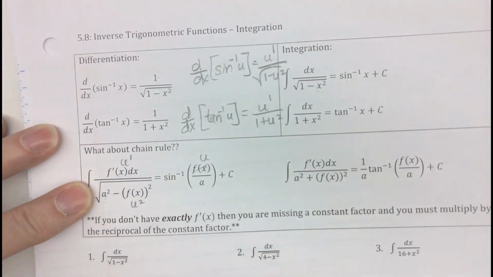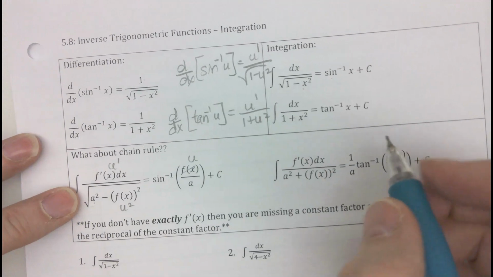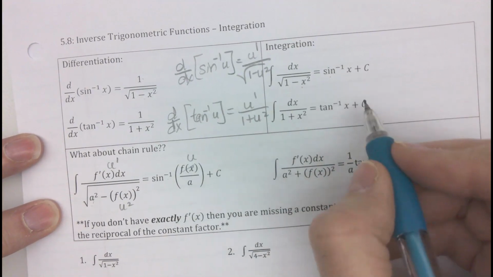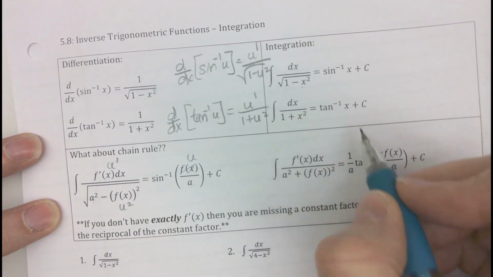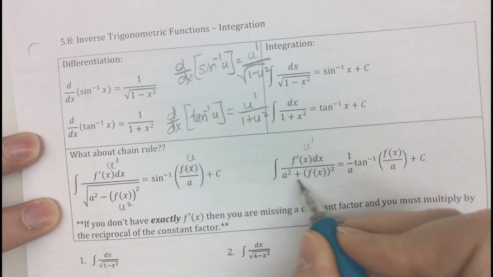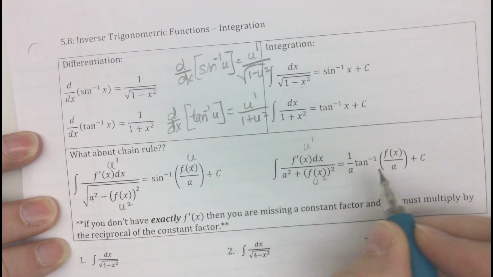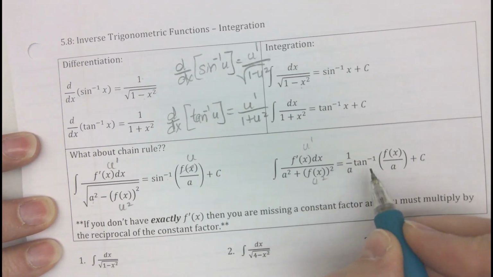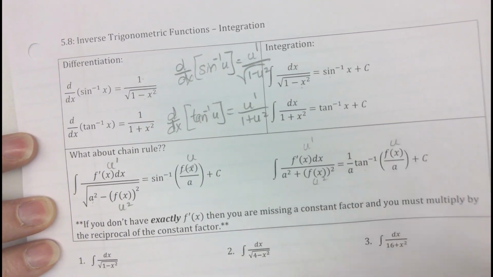But for tangent, it's a little different. The integral of du, or u prime, over a squared plus u squared would be 1 over a arctangent of u over a.